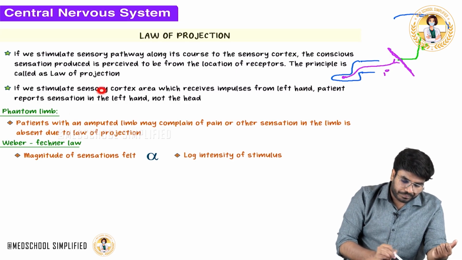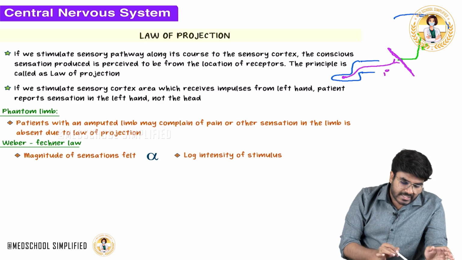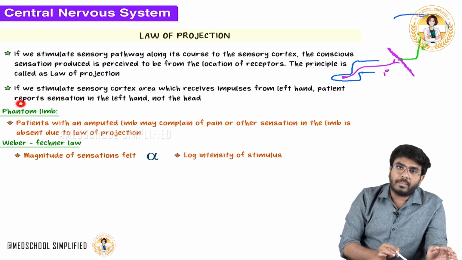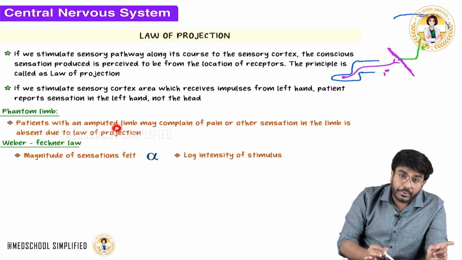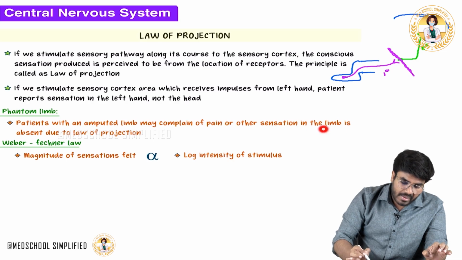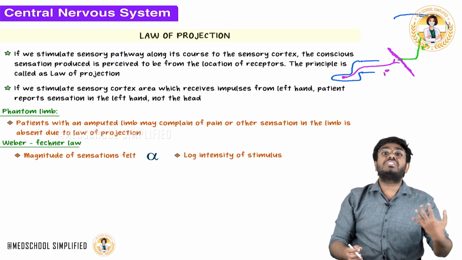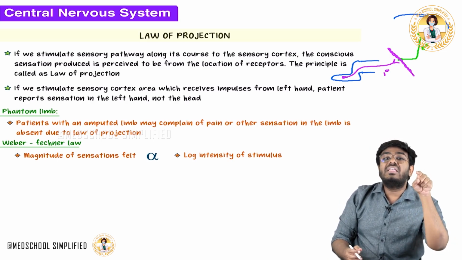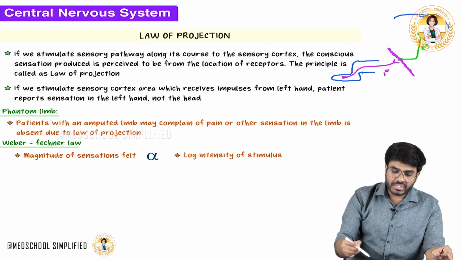So this is the law of projection, and how is it helpful for us? It explains a phenomenon called phantom limb. Phantom limb means a patient with an amputated limb may complain of pain or other sensation in a limb which is absent. The limb is not there, but he is still feeling the sensation from that limb, and this is explained by the law of projection.